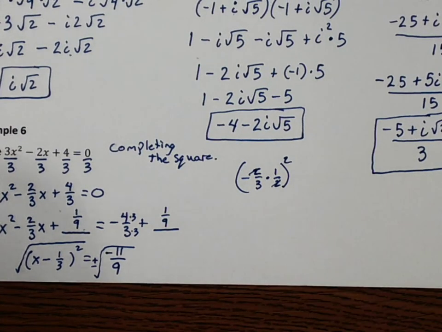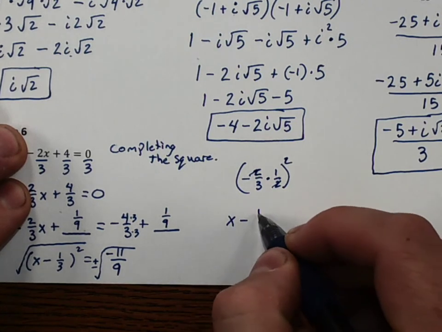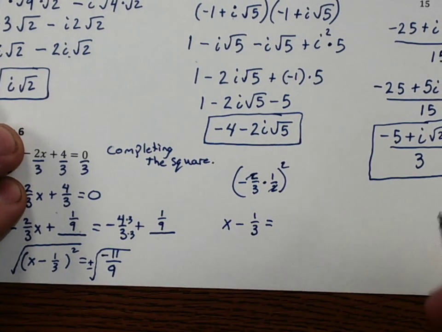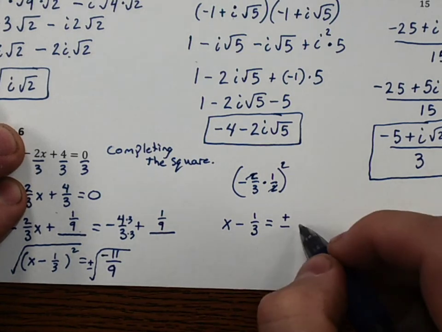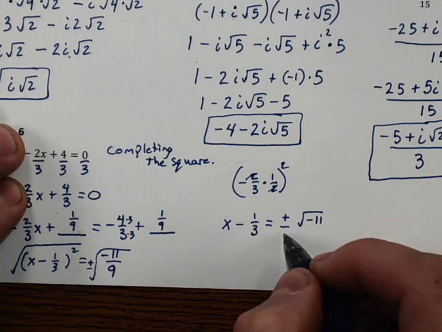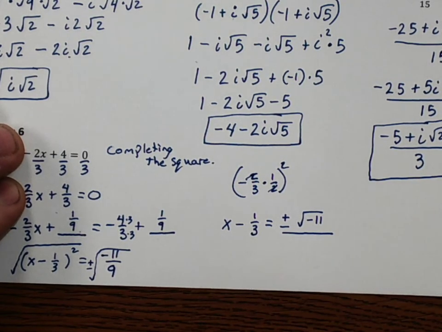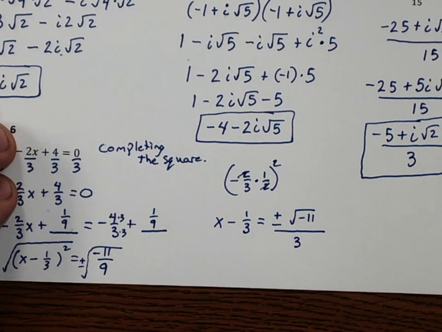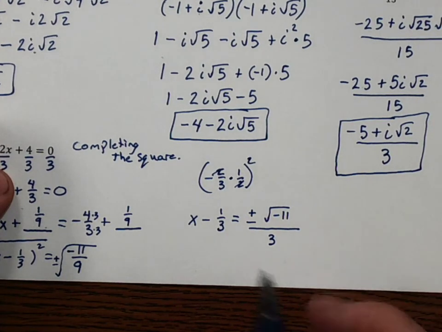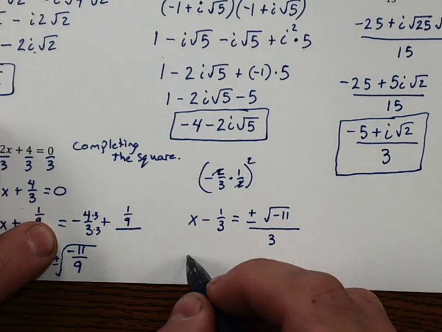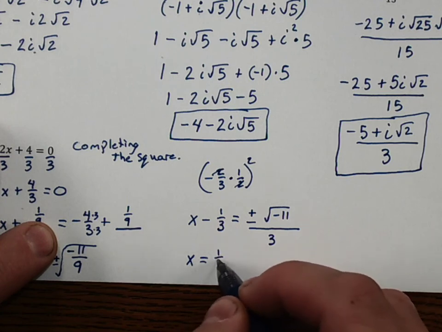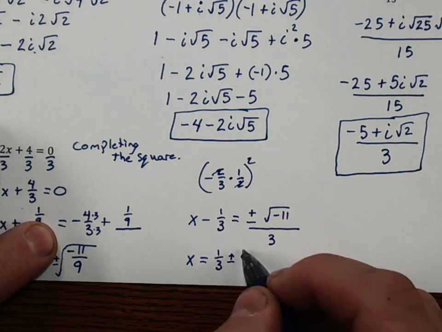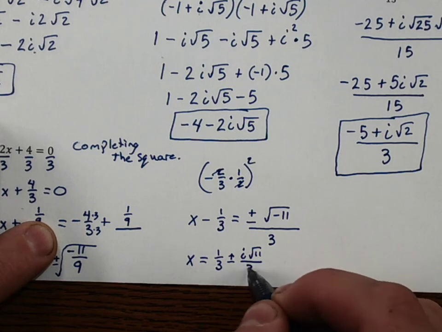So now I have x minus 1/3 is equal to the plus and minus of the square root of negative 11 divided by the square root of 9, which is 3. The square root of negative 11, that is i root 11. I can add the 1/3 over, getting 1/3 plus and minus i root 11 all over 3.